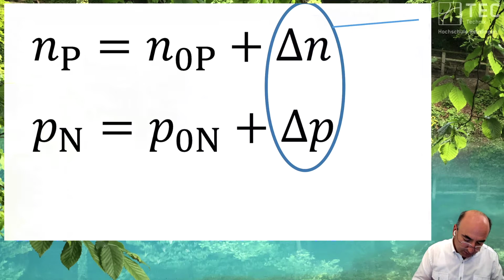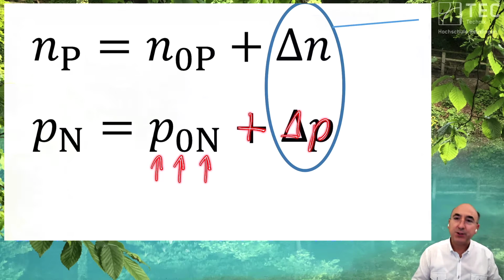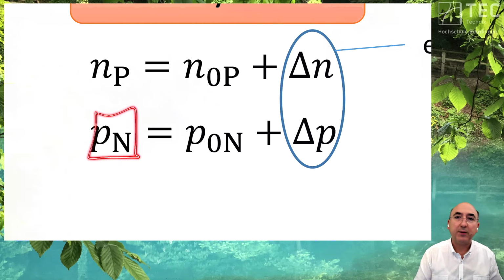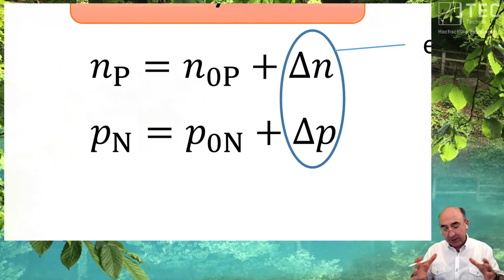Again, the minority concentration of holes in thermodynamic equilibrium in the n-type semiconductor plus the excess concentration you put into this area is the resulting, disturbed concentration. Okay, so we are just practicing the variable names and what they mean. This is the purpose of this slide. Names and meaning. The results will follow.